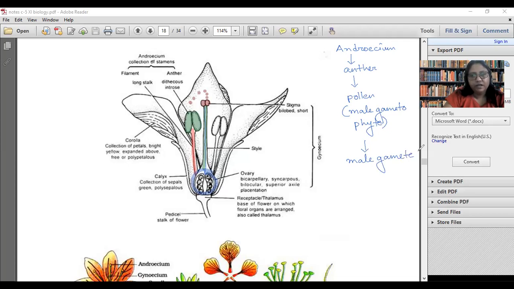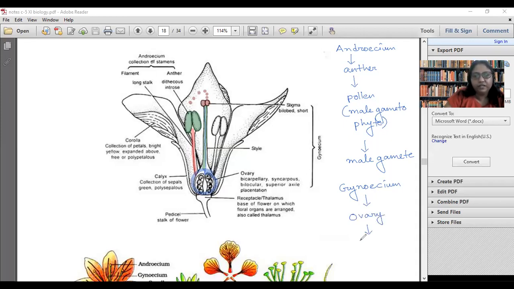Okay. Now the same thing I will write for the female reproductive part, that is the gynoecium. Inside the gynoecium there is the ovary.